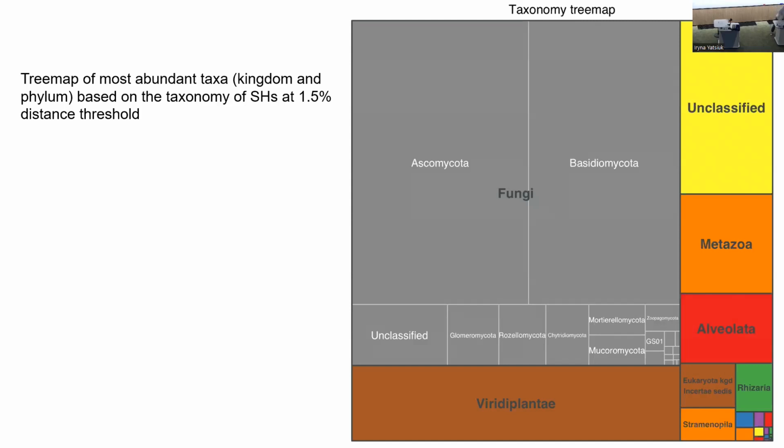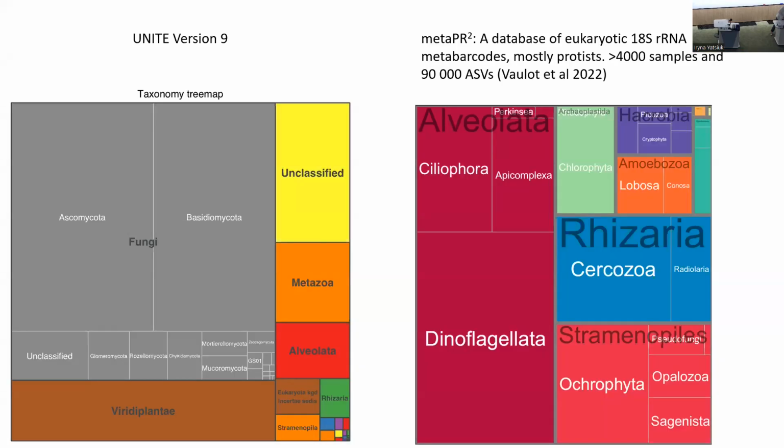I think I've been using most of my time. Okay, this is here. I was comparing for another talk. Do you know the PR2 database? It's mostly for protist identification and based on small subunit sequences. Okay, it seems you don't know, but this is one, you know.